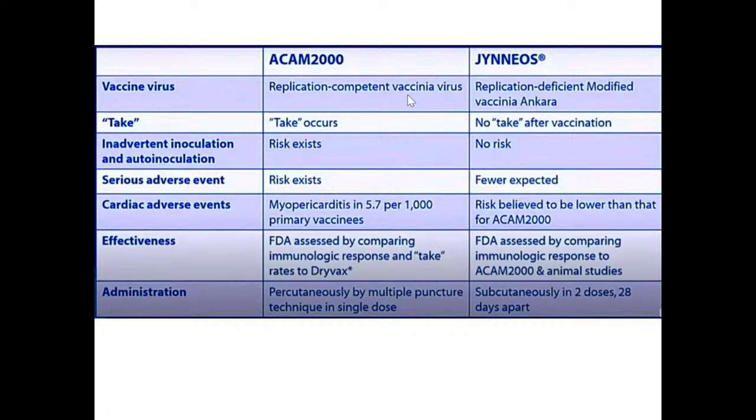It is grown in chick embryos, and many passages were made to attenuate this virus. And finally, this replication incompetent virus was obtained and used in vaccines. So the virus has ability to replicate in chick embryos, but no ability to replicate in humans. Yeah, this is the modern one.